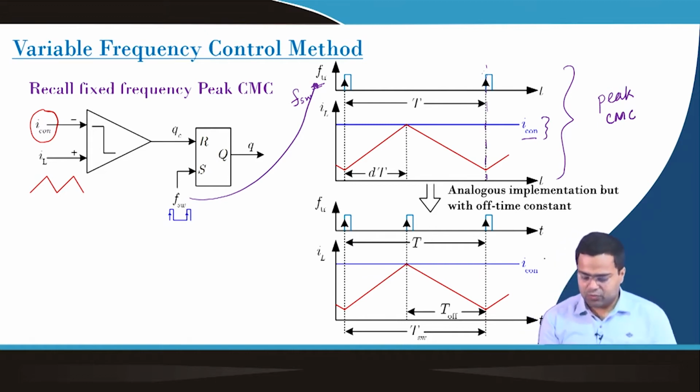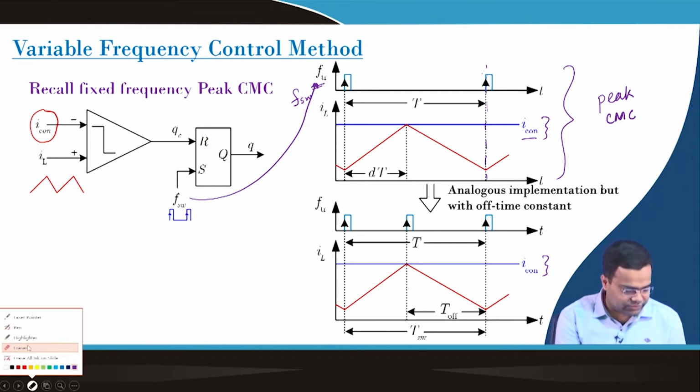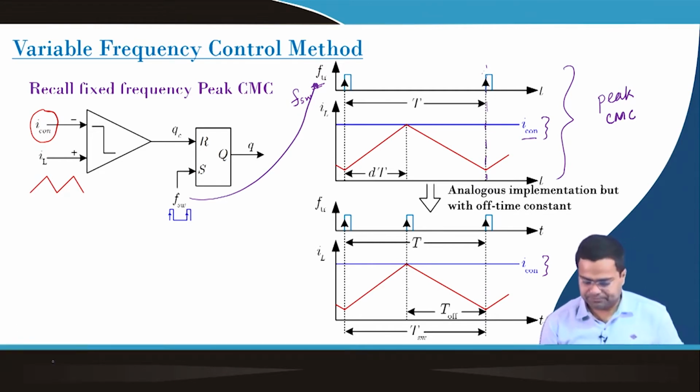Here also we can control the peak current, keeping the same analogy. But in this case we are keeping the off time constant.